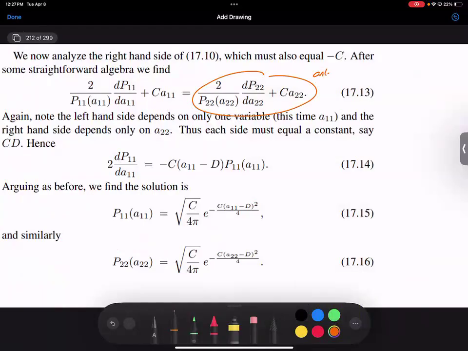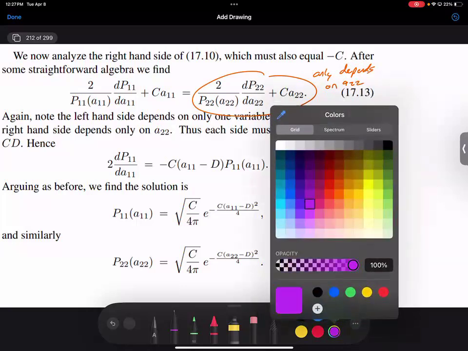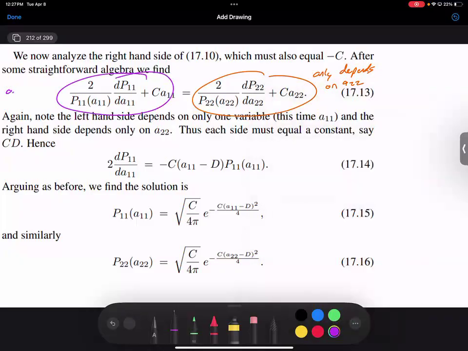Yeah. Only depends on A22. And this only depends on A11. So both of those have to be a constant. And this time, we will write the constant as CD. Why CD?